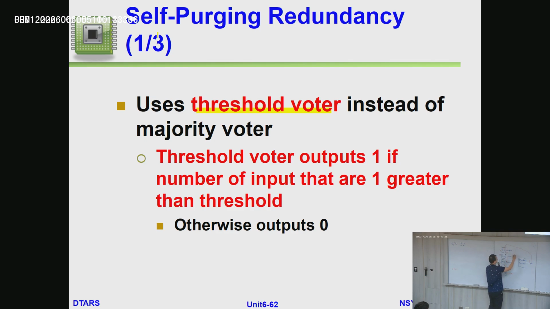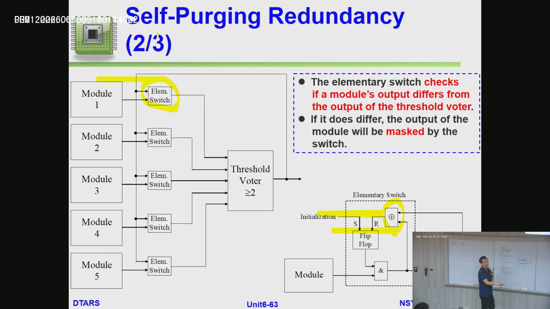If the correct result is 1, 1, 1, then even though these 2 generate the faulty output as 0, in these green examples the threshold voter will still generate the correct result because there are 3 ones here. That is larger than the threshold. In this threshold voter, the number is 2.